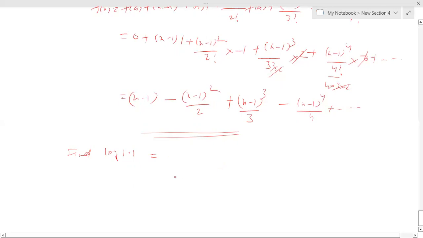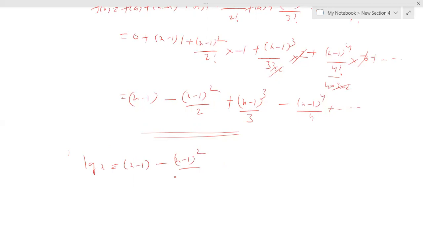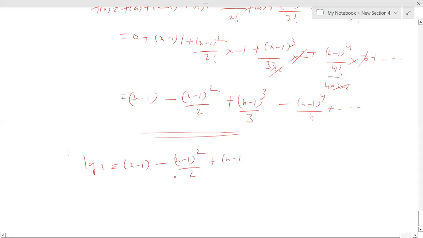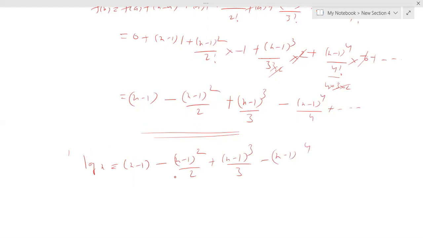We derived this expression: log x equals x minus 1 minus x minus 1 whole square by 2 plus x minus 1 whole cube by 3 minus x minus 1 whole power 4 by 4 plus and so on.